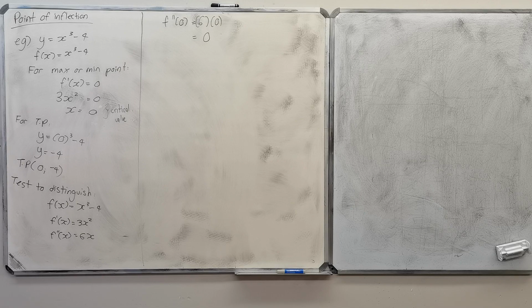We all clear on that? When you get your second derivative and you get an equation and you substitute your critical value, you are able to determine which of your turning points are your minimum and maximum. If you equate your second derivative to 0, you get your point of inflection.